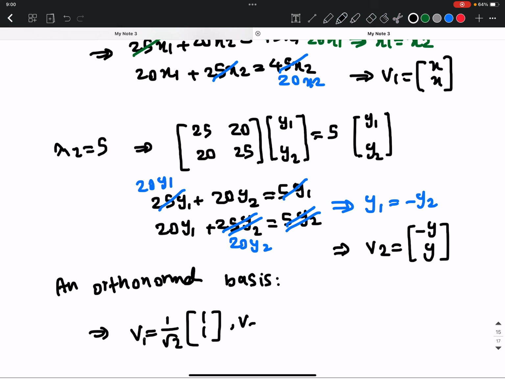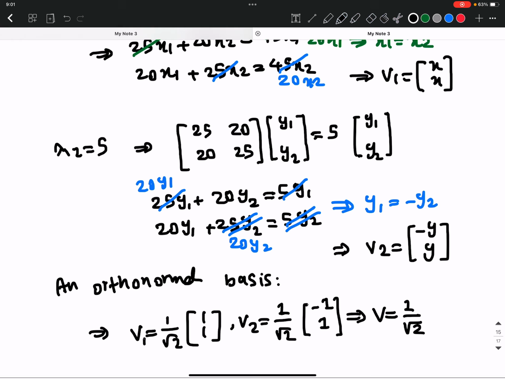And for V2, I will choose the same thing. If I set it to 1, I need to divide it by square root of 2. So this becomes an orthonormal basis.